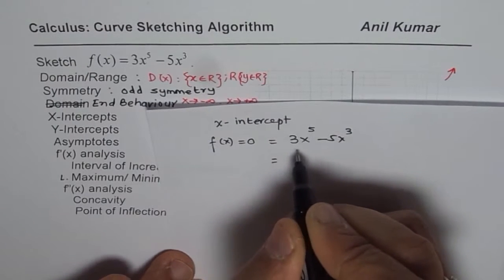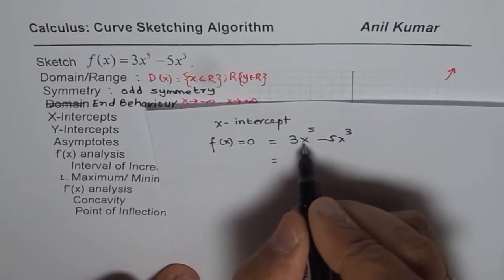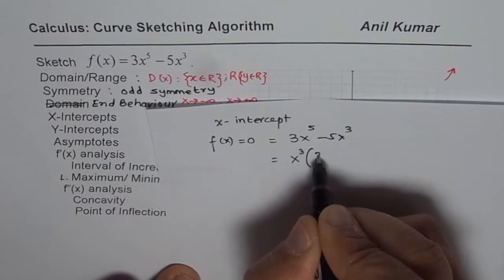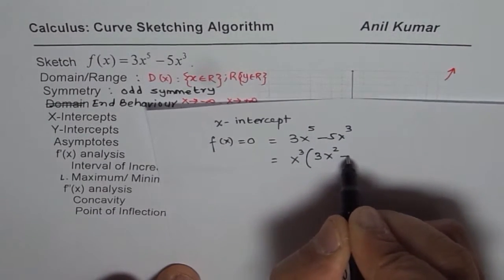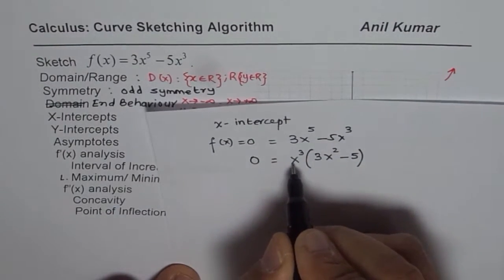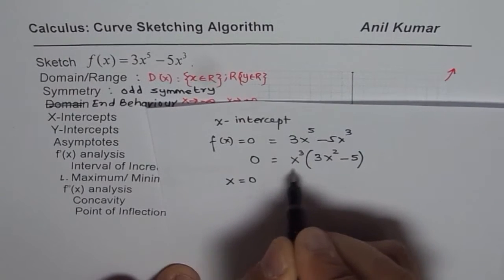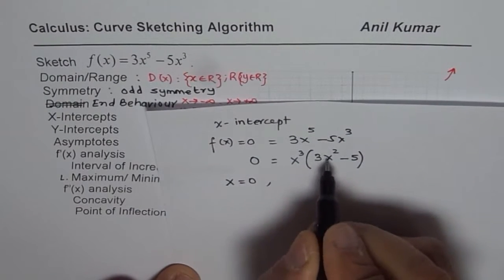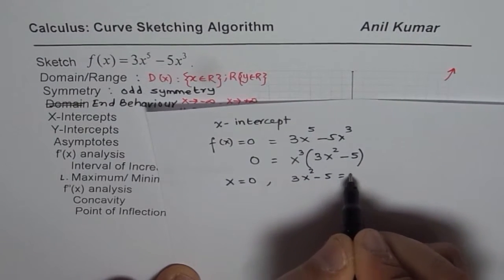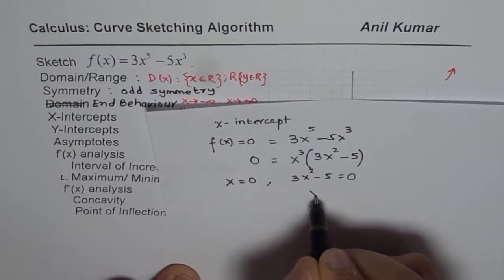We could factor x to the power of 3. We get 3x squared minus 5. Now if that is 0, then x equals 0. That is one solution. The other we can get by equating 3x squared minus 5 to 0, right? And that gives us two solutions.